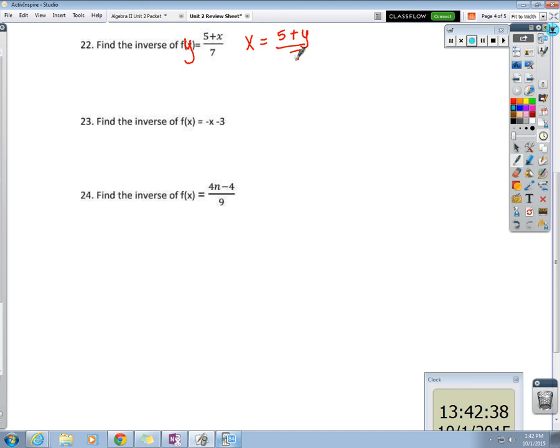Right, it's divided by 7, so to undo that, you have to multiply by 7 on both sides. On this side, the 7 and the 7 reduce, and you're left with 7x equals 5 plus y. Now to solve for y, what do you have to do? Right, that's a positive 5, so to cancel it, you subtract 5 and subtract 5 over here. Now, those won't actually combine.